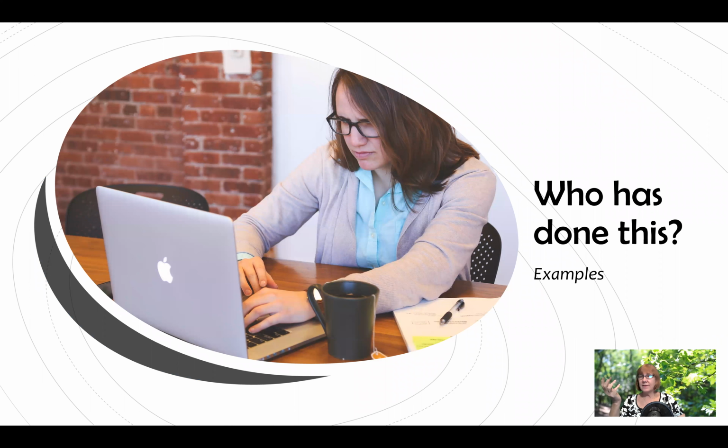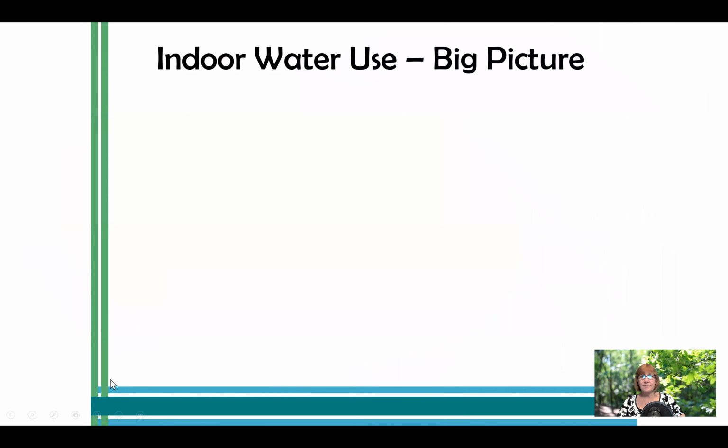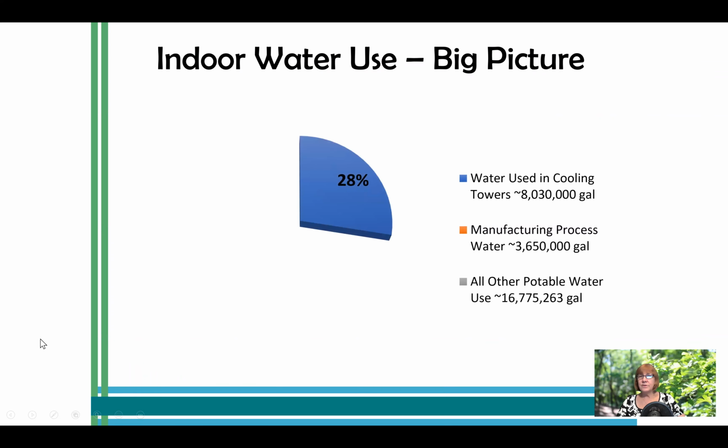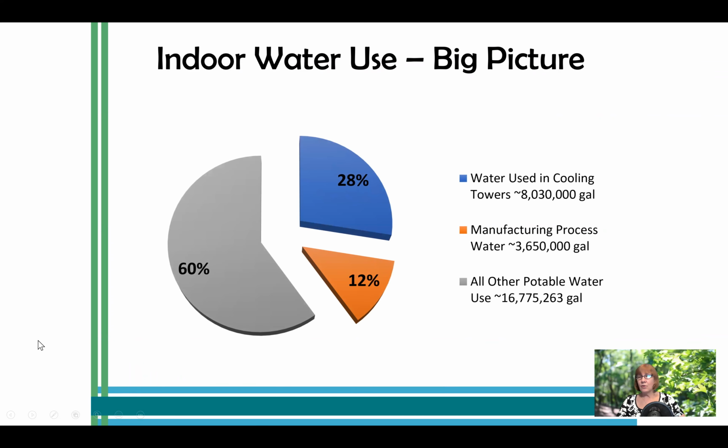So, who's done this? Let's show you a couple of examples of what students have done. Here's one on indoor water use, the big picture. What the student did was take a graphic and break it up into its component parts and bring it up as she was talking about it.